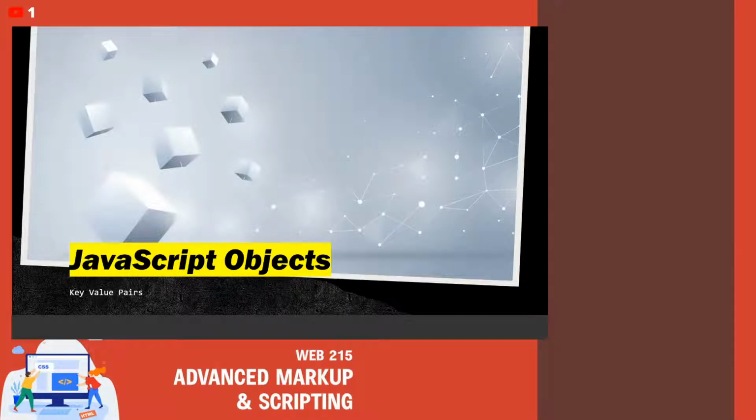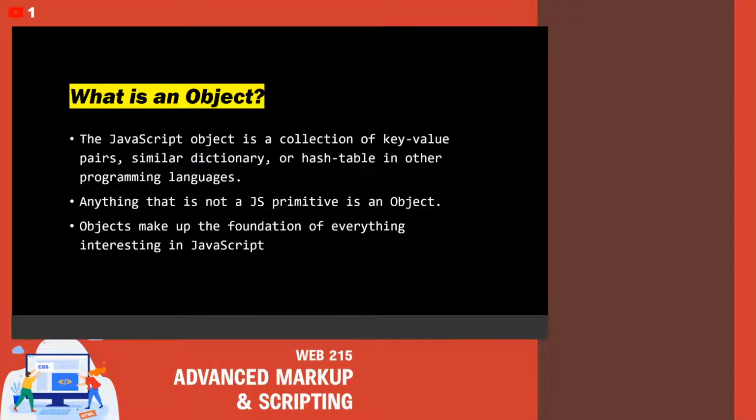We're talking about JavaScript objects. To get us started, let's first define our terms. What exactly is an object? A JavaScript object is a collection of key value pairs.